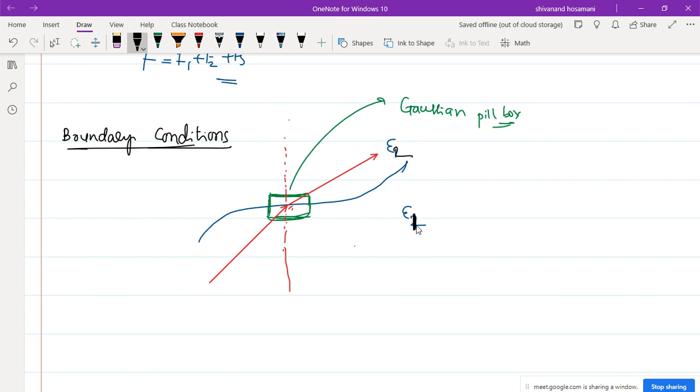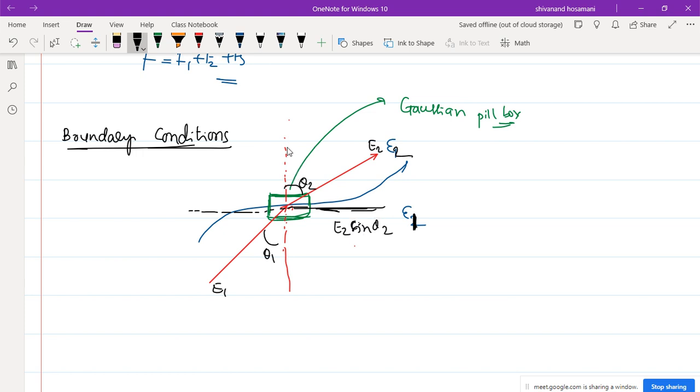Let us say it goes from the first medium to the second medium. So this is the electric field in the first medium, E1, and that is the electric field in the second medium, E2. If I call this the horizontal line, the electric field has two components. Let me call this theta 2 here and this theta 1 here. So you are going to have two components here. This E2 along the surface is defined as E2 cos theta 2.